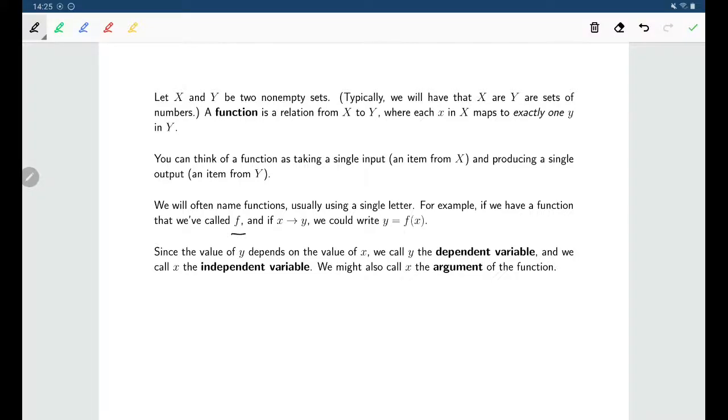So for example, you might call the single letter name for a function f. And to show that f is taking x values and giving you as an output a y value, you would write this, that y is equal to f of x. That's telling you that x is the input, or in other words, x is the independent variable, and that y will depend on whatever x is, so y is the dependent variable.